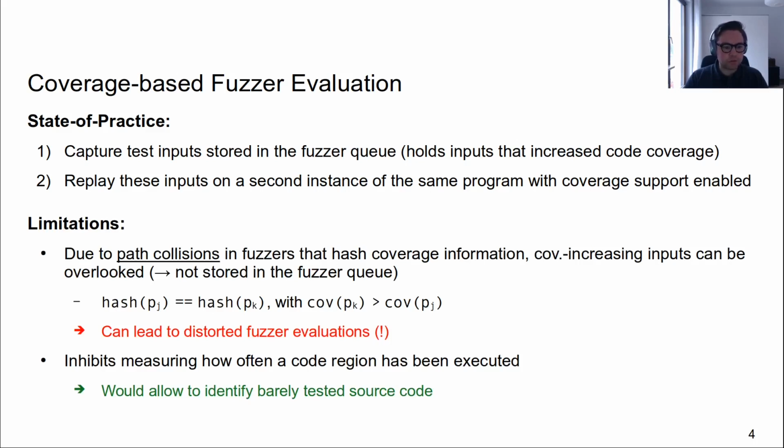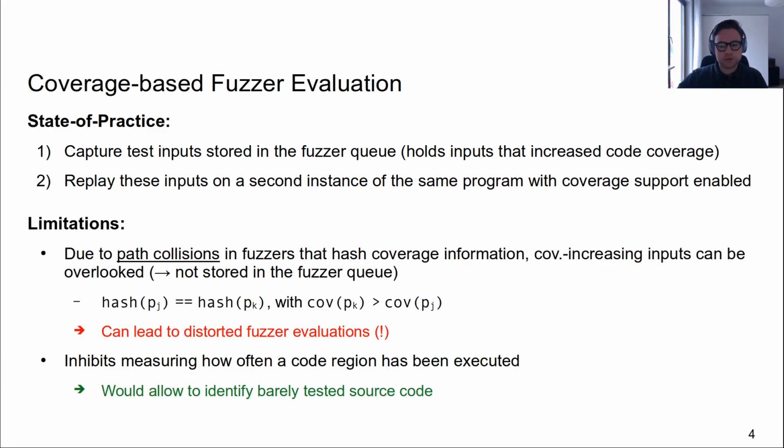So first, due to path collisions in fuzzers that hash coverage information, coverage increasing inputs can be overlooked. So they are not stored in the fuzzer queue and are therefore also not considered in the evaluation. More specifically, for example, we have two program execution paths where one path leads to a higher coverage. However, the fuzzer assigns the same hash values to both of these paths.